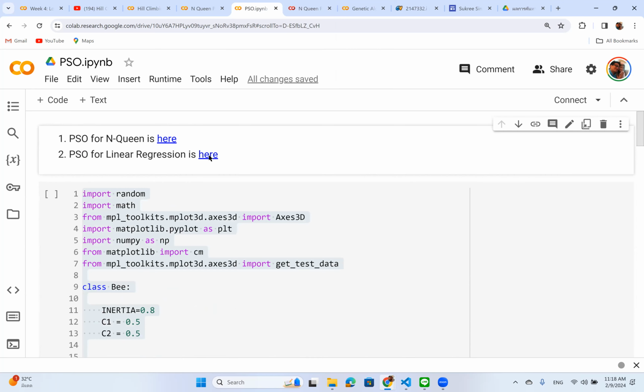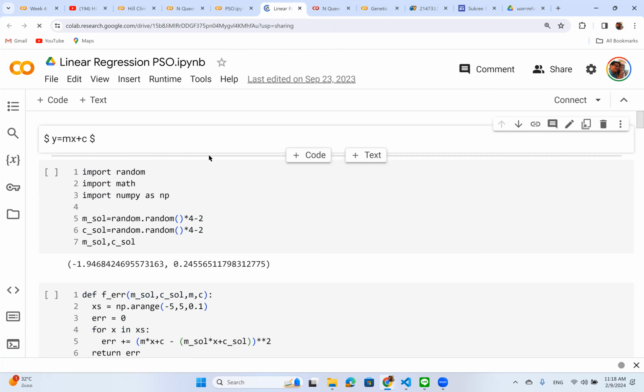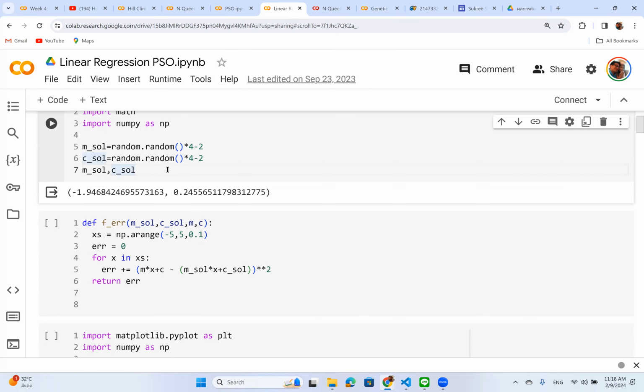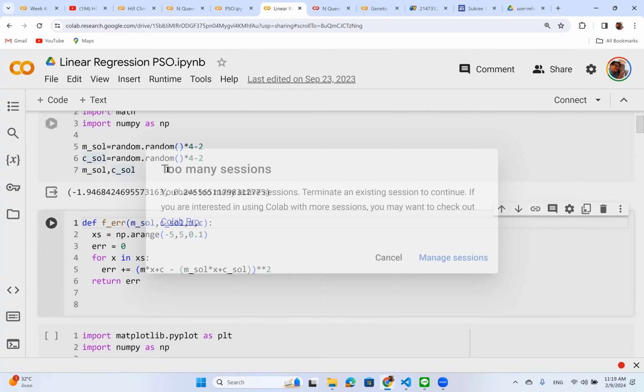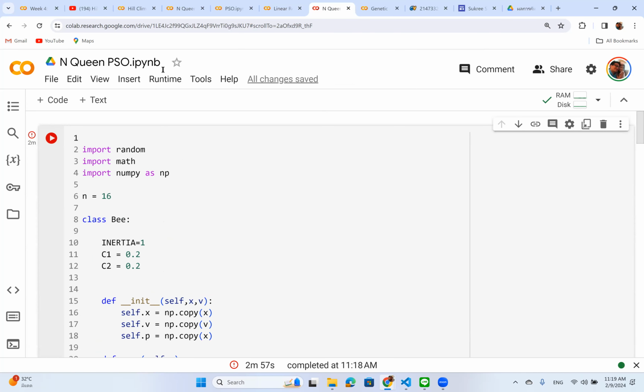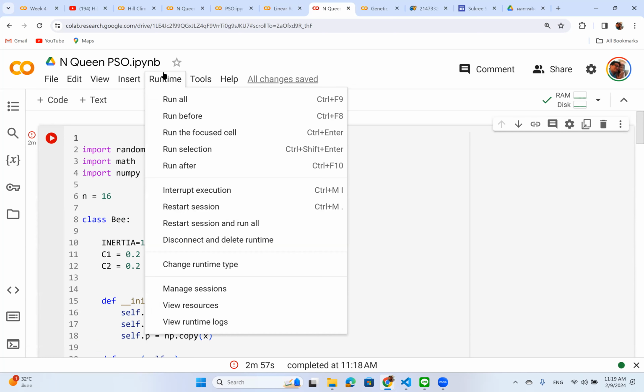And for particle swarm for linear regression, as you can see, GA can find very good results. So this one, MSO, CSO, too many sessions. Sorry. I have to stop this one first.